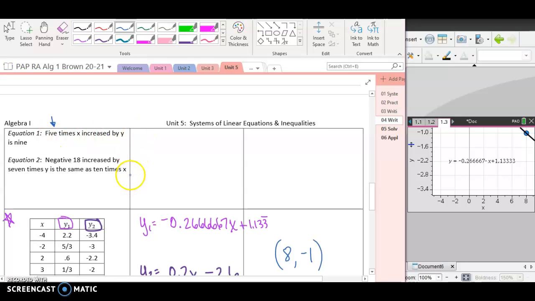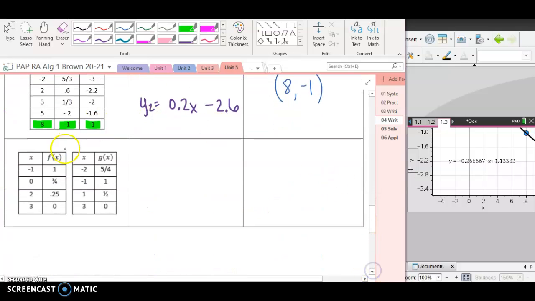Equation 1, equation 2, and find the solution. And then last, you'll use these 2 table of values. And then write the 2 equations and then find the solution. You will upload those. Look at your assignment. You're going to upload that. That's going to be your assignment for this lesson. All right? Have a great day.